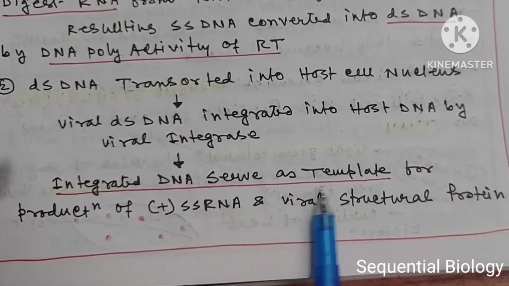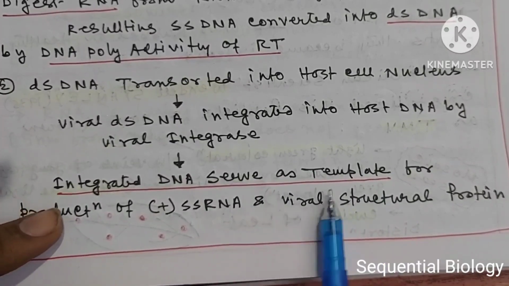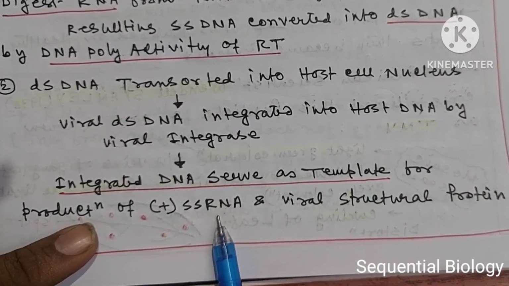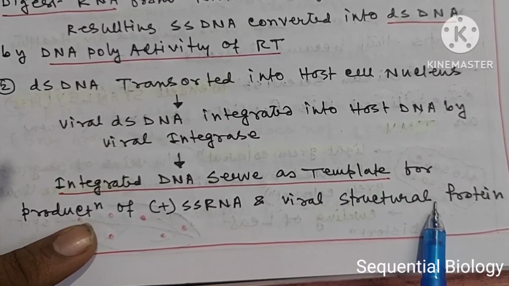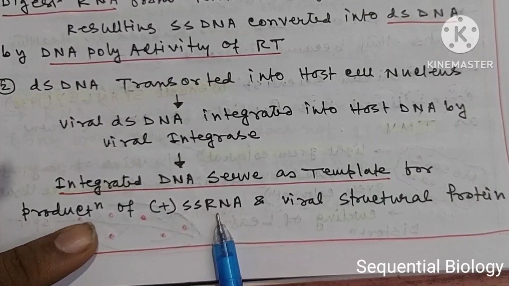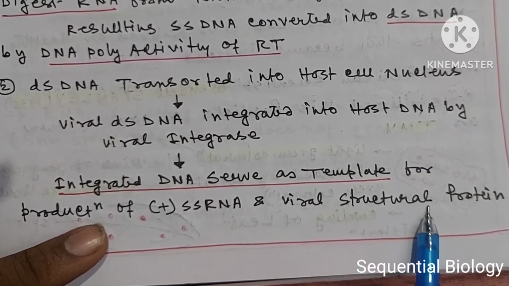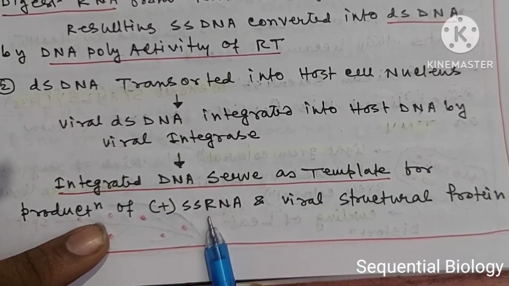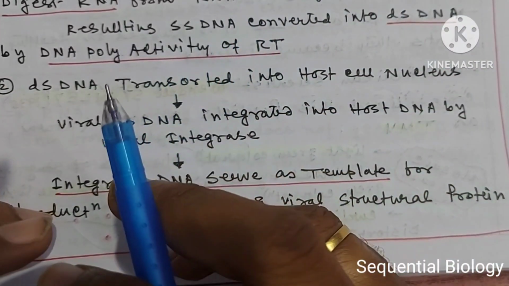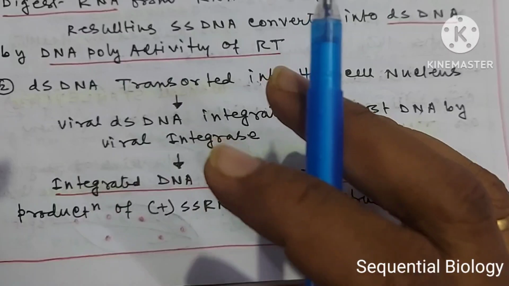This integrated DNA serves as the template for production of plus ssRNA and the viral structural proteins. Many plus ssRNAs and viral structural proteins are synthesized, packaged together, and form a complete virus particle.